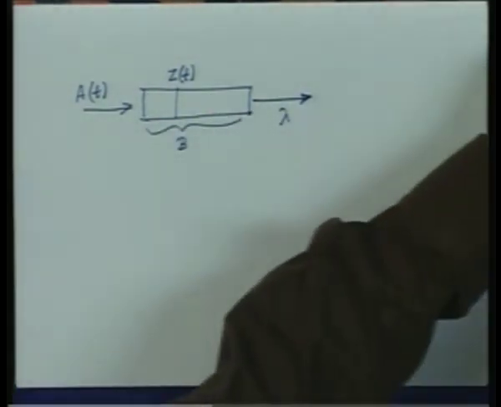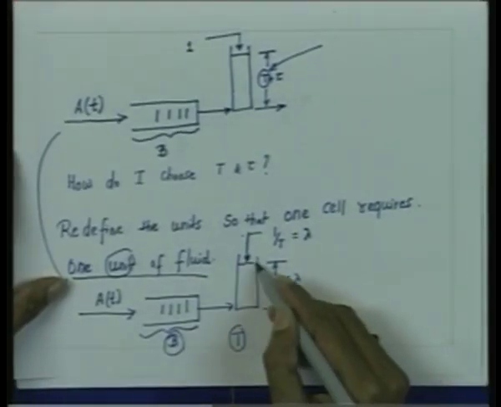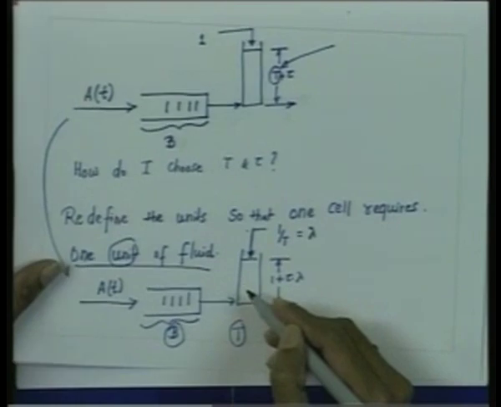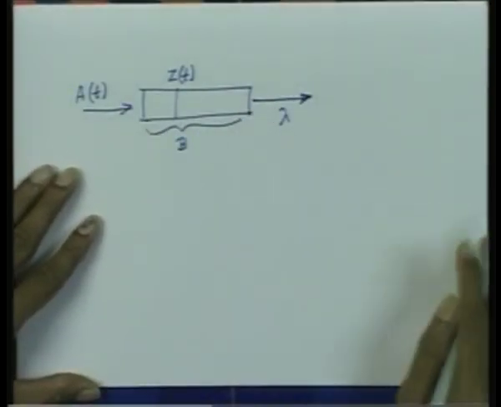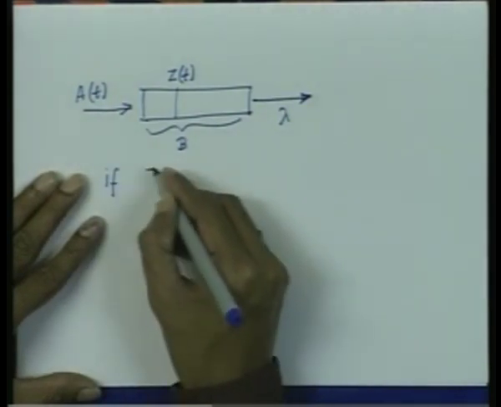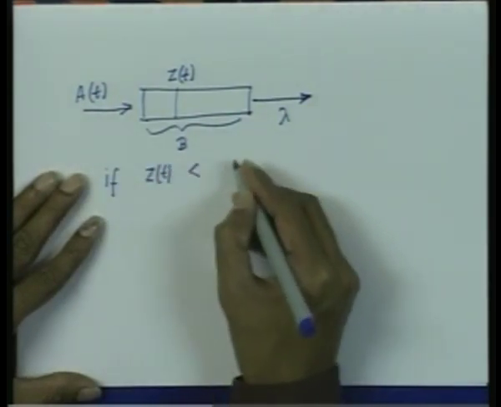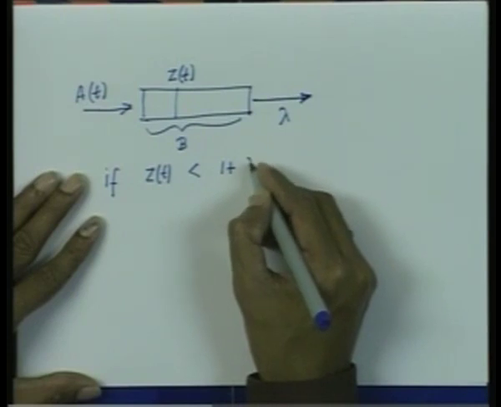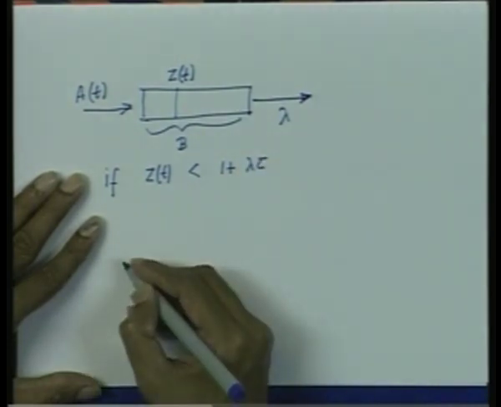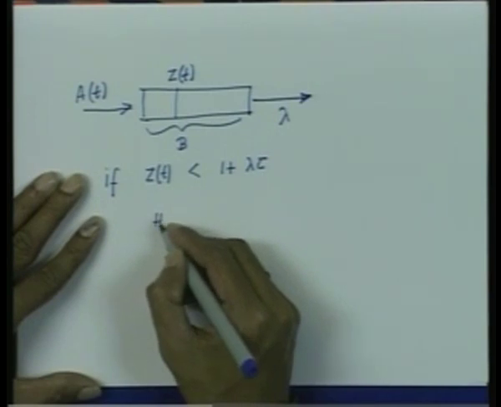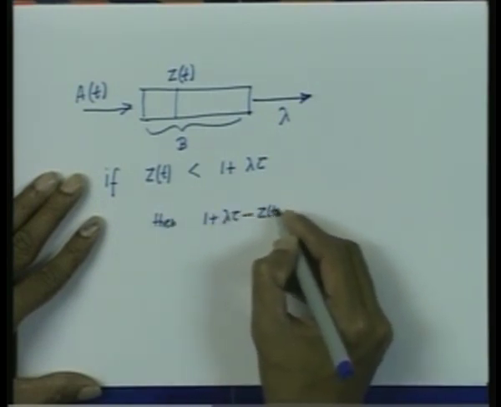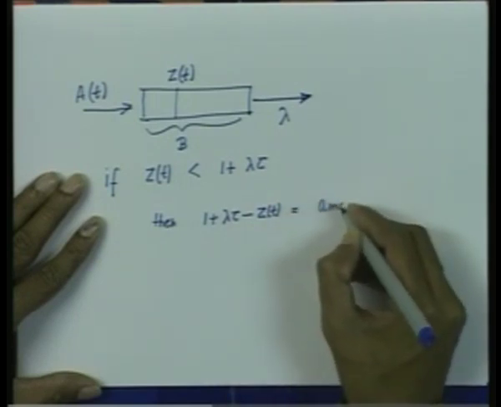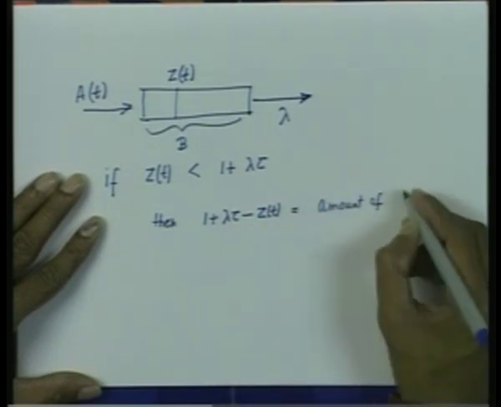Of course, in this equivalent problem, the amount of token fluid which is available in this token bucket will be related to this queue length Z(t). For example, if Z(t) is less than 1 plus lambda tau, then 1 plus lambda tau minus Z(t) will be the amount of token fluid which will be available.